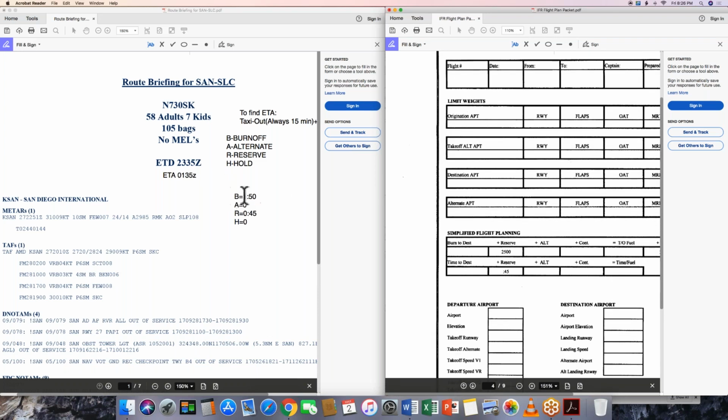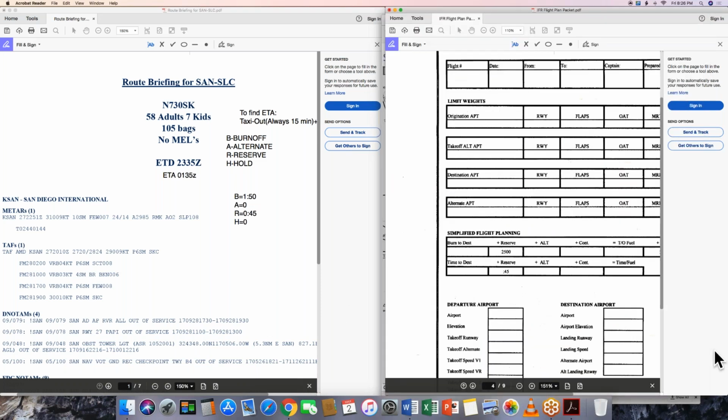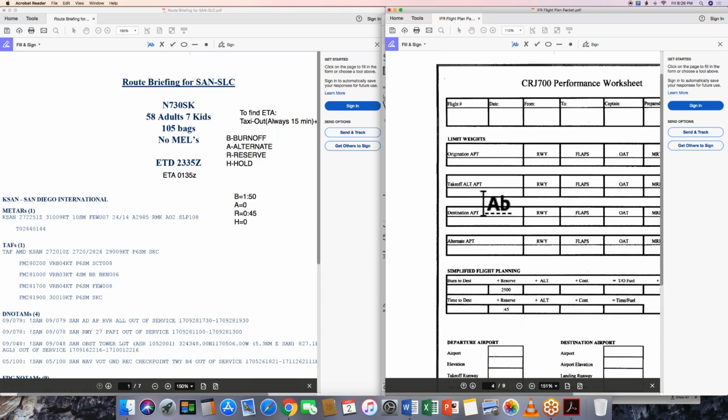We've got a burn time, right? We looked at SkyVector. SkyVector gives us an hour and 50 minutes. And we got our reserve time. So let's take a quick look at our 2 airports, and let's fill out this page for our performance.